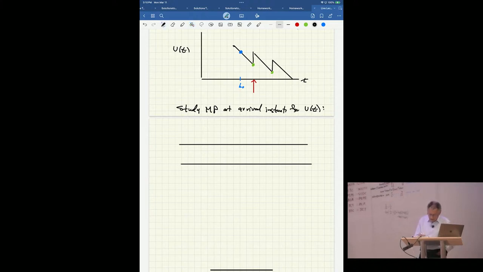Once again, as always, this is the server. This is the queue. We get an arrival, say, right here. That happens to be Cn. And suppose he has to wait. So at some point later, he goes into service. And at some point after that, he departs service. So that's the history of Cn.